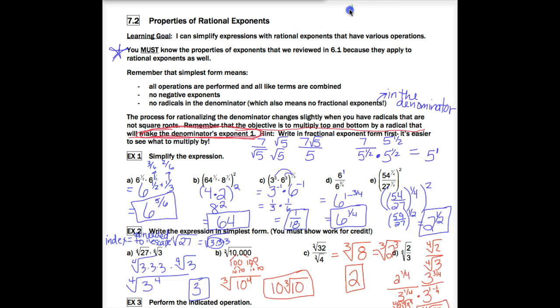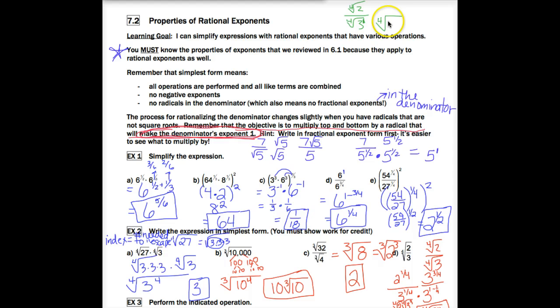If I just leave it 4th root of 2 and 4th root of 3, the other way that you can do it, instead of fractional exponents and making the denominator have an exponent of 1, is to say, I know how many I need to jailbreak, multiply by that number.